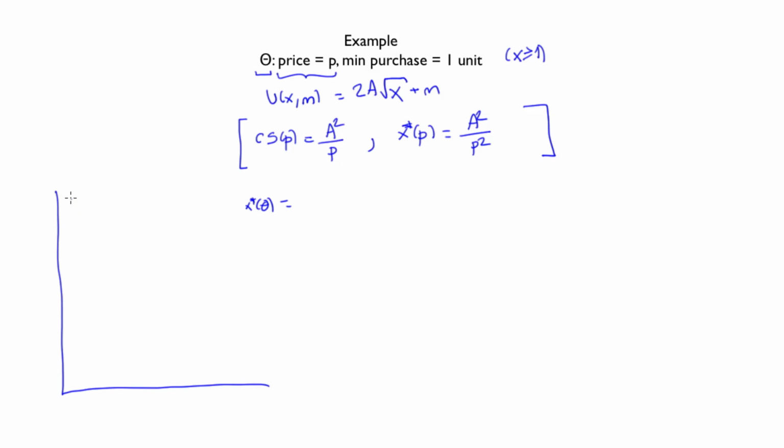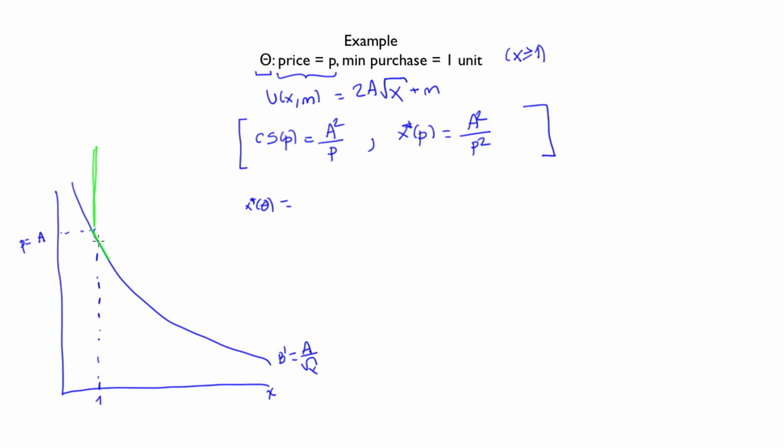We saw that if this was the marginal benefit function, which in this case is A over square root of X, and remember this is X, and this is 1 unit, and this is A, P equals A, then we saw before that the X star of theta basically looks like this.